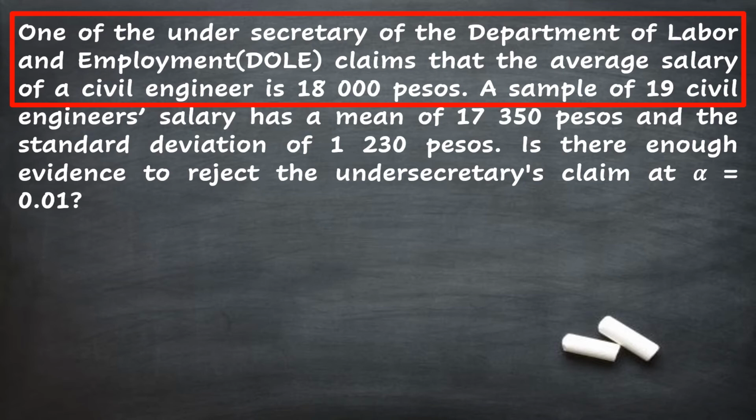The next sentence explains the numerical values in this word problem, and the question part states, is there enough evidence to reject? So what they want to do in this problem is just reject the claim of the undersecretary. So reject is also another phrase or clue in formulating the null and alternative hypothesis.